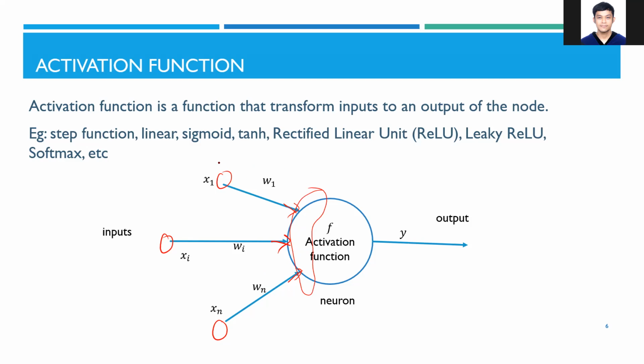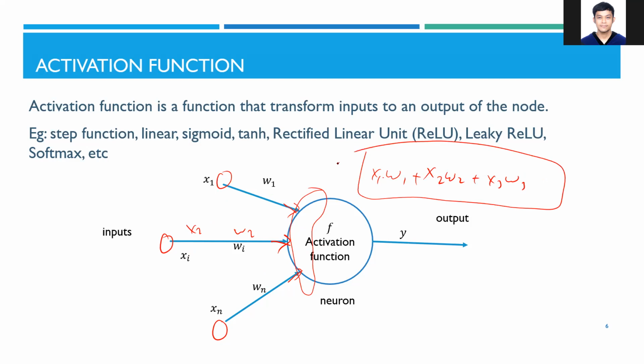It's just like x1 times w1 plus x2 times w2 plus x3 times w3. So this is the total input for this node.